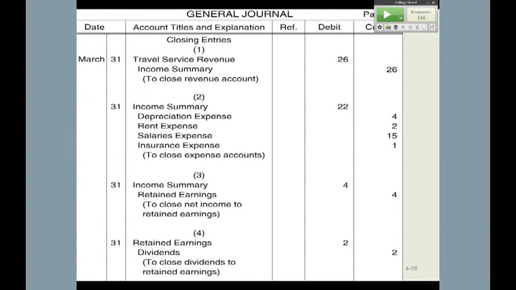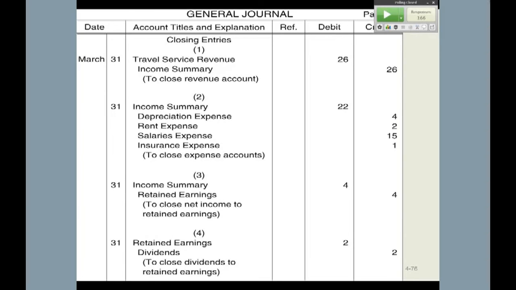All right, so the first entry would come directly off the worksheet. So closing entry number 1 would debit the revenue, the travel service revenue or the service revenue, and credit the income summary for 26. We would then take the expenses. And in order to close out the expenses, these are credited. So we debit income summary for the total, and we credit depreciation expense to make that account 0.